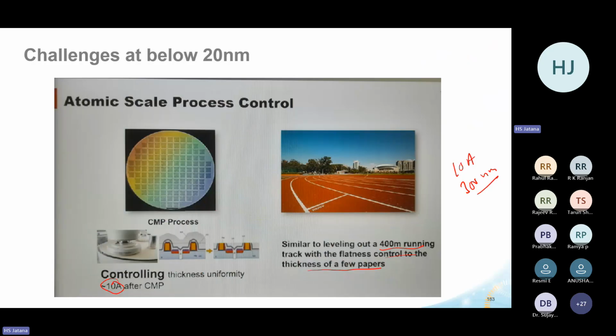So you can imagine this kind of perfection is required for optimizing the yield and doing high volume production below 20 nanometer. And that is the reason only 2-3 companies, Intel, Samsung and TSMC, and to a high perfection, only TSMC is able to do this.